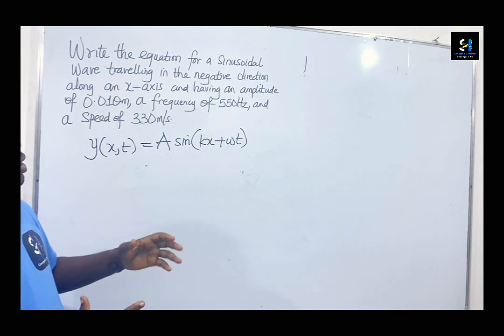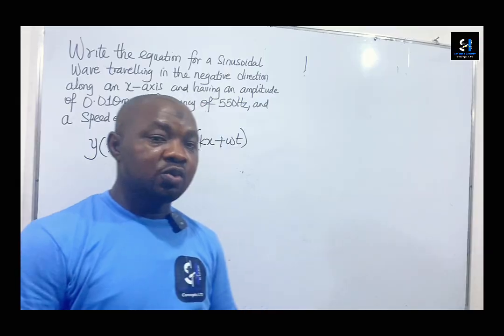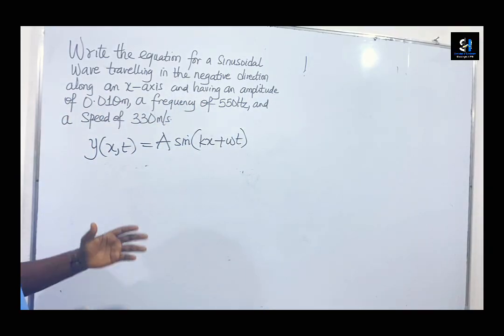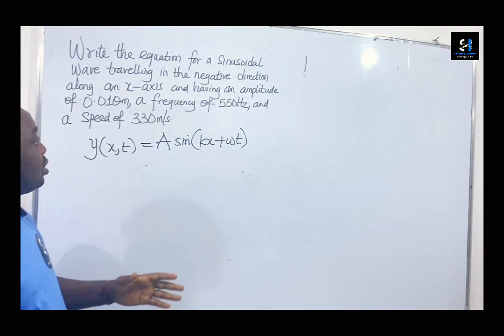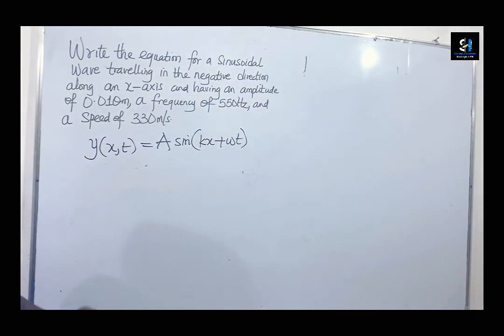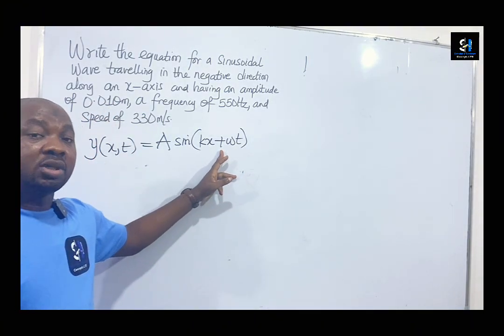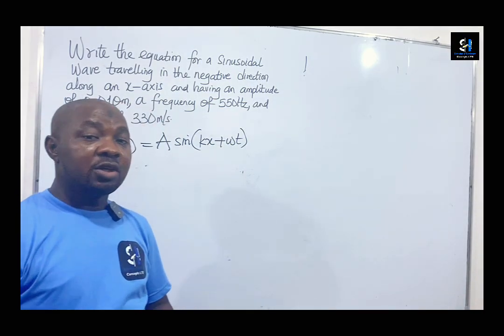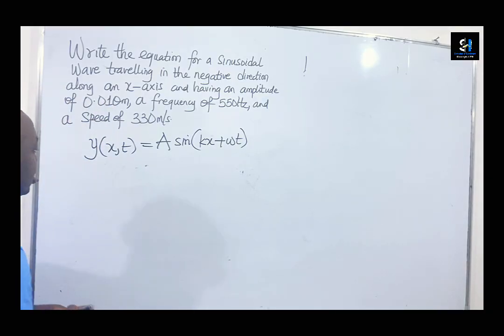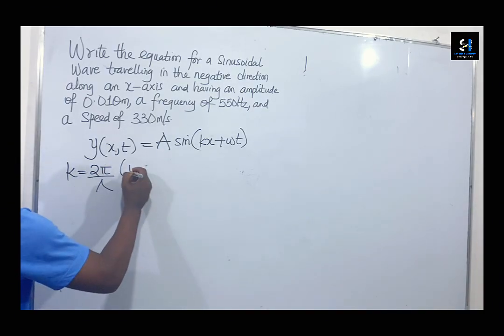So when a wave travels in the negative x direction, the sign of omega t in the equation will be positive, because the wave is shifting in the opposite direction of the x-axis.